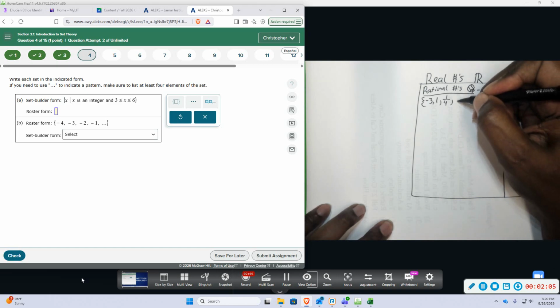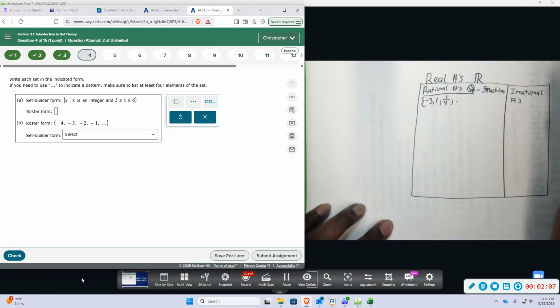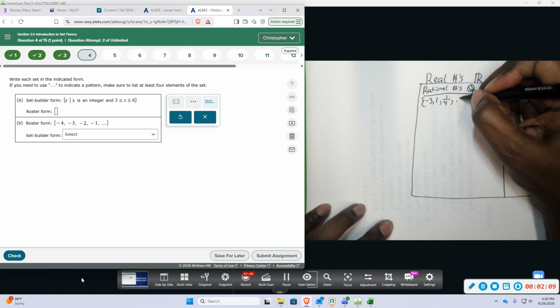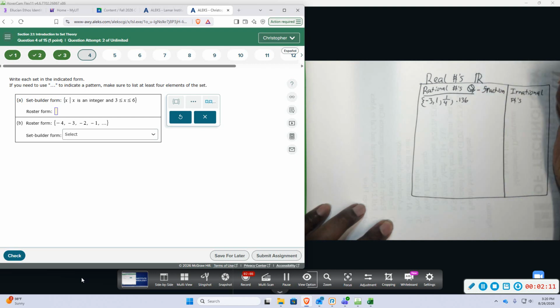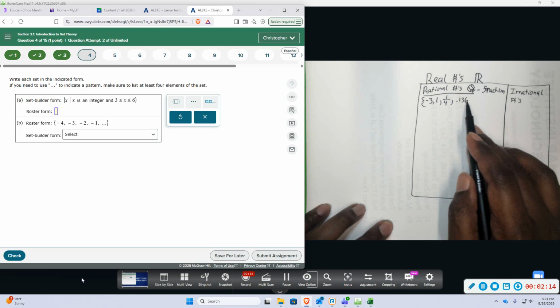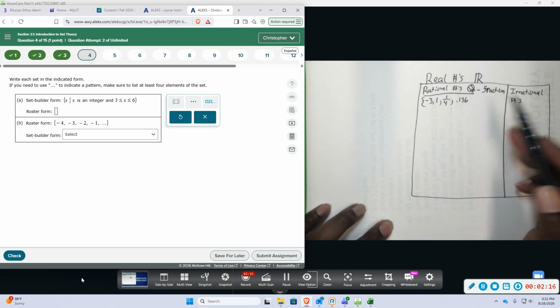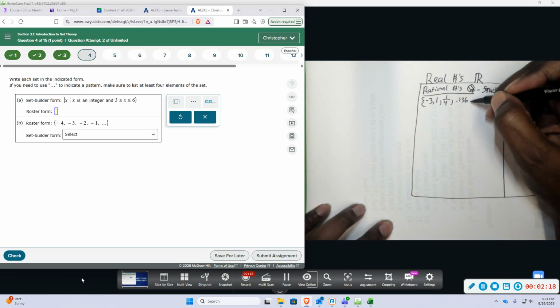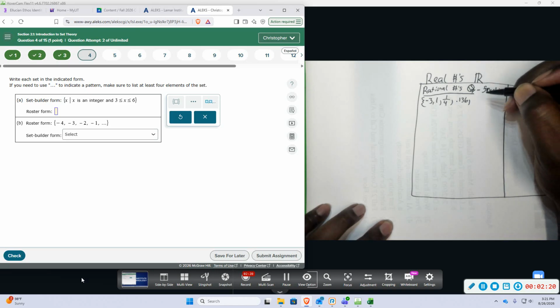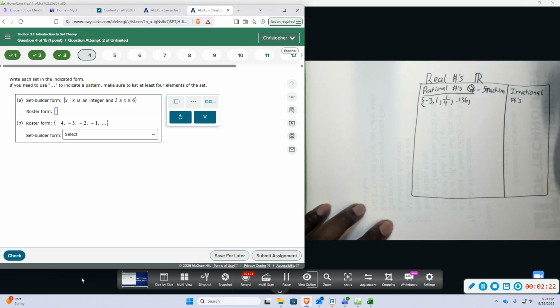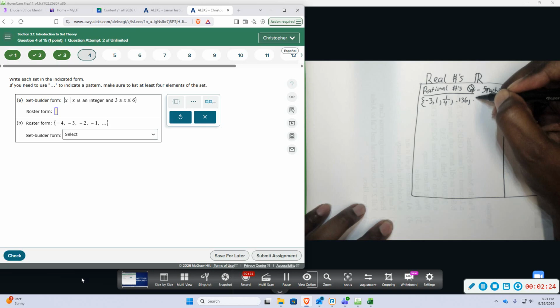So if you have a decimal number that stops, it has a countable number of places, 1.36 for example, that can be converted into a fraction. Whether you know how to or not, it can. And then you also have non-ending repeating decimals. So let's just say 0.333 repeating.